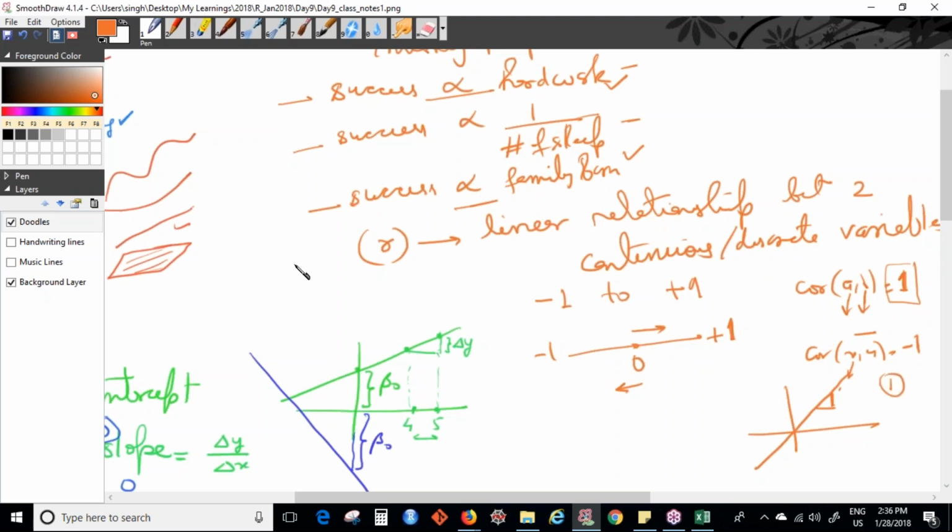And for negative correlation you will have a downward slope. That means if you go 1 unit in X, your Y decreases by the same 1 unit, so the slope becomes negative. Okay guys, so that is defined by your correlation.